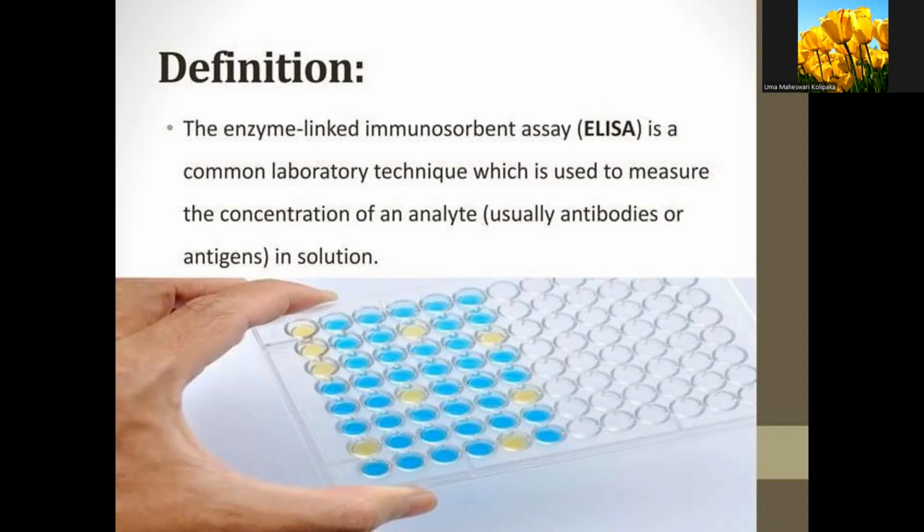So we are using antibodies or antigens as an analyte to detect the presence or to quantify, to measure the quantity of any analyte. We are using the technique that is ELISA, enzyme-linked immunosorbent assay.